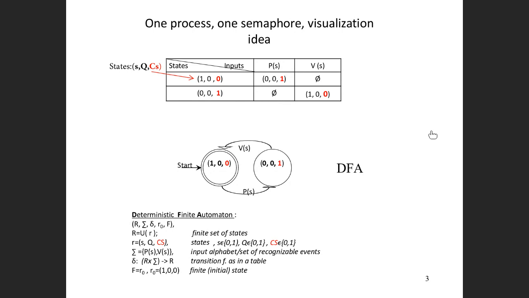Because we have nothing but one process, as you see in the title, one semaphore, this state 0,0,1 lasts until the process is done in the critical section. Therefore, the process is leaving the critical section, and as it leaves, it executes V of S. You remember from the definition of V of S, if there was no Q, the semaphore became 1 and the critical section is free, so the third parameter is back to 0.